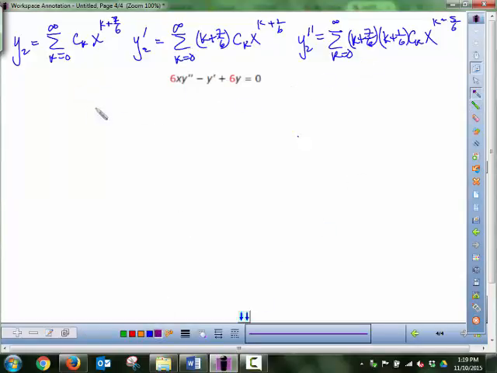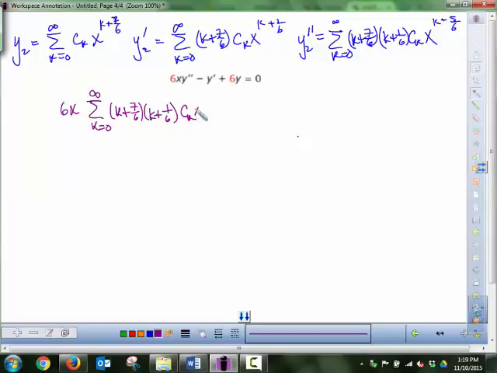I have my second derivative times 6x. K goes from 0 to infinity, k plus 7 over 6, k plus 1 over 6, c sub k, x to the k minus 5/6.